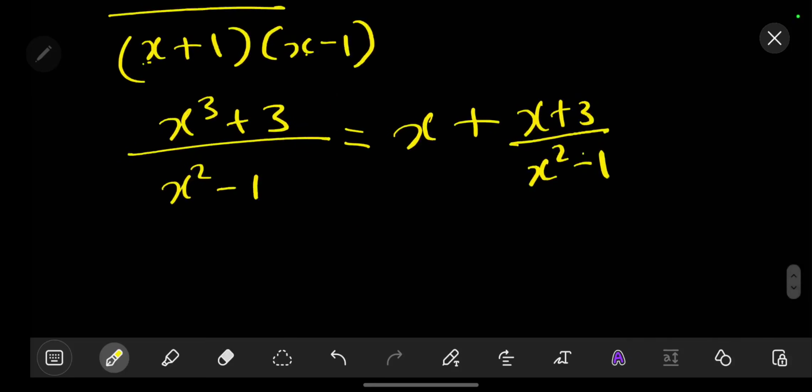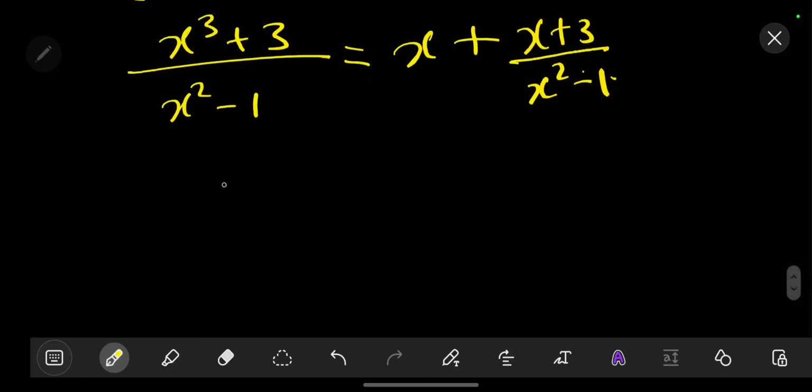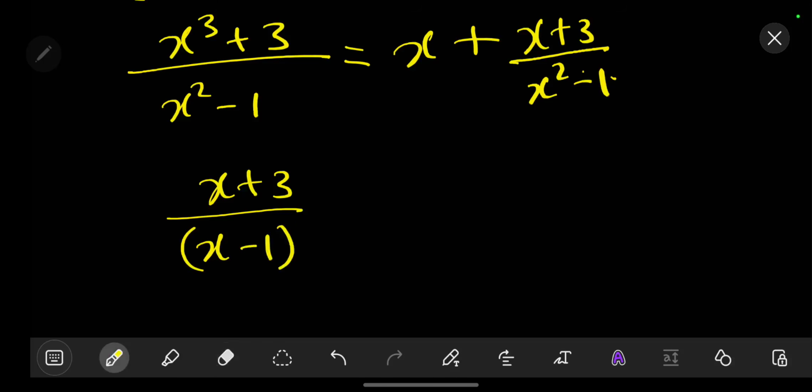All you have to do is find the partial fraction of this. So it will be our x plus our 3 over our x squared minus 1. This one is the same as, if you recall, x minus 1 and x plus 1. We are able to determine this because this is the difference of two squares.